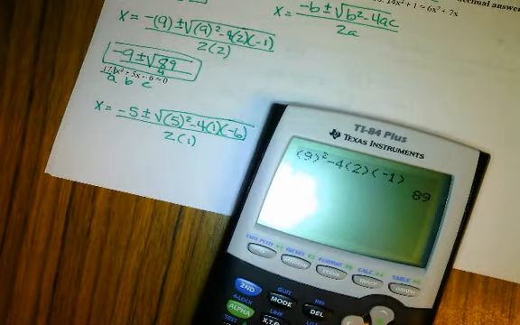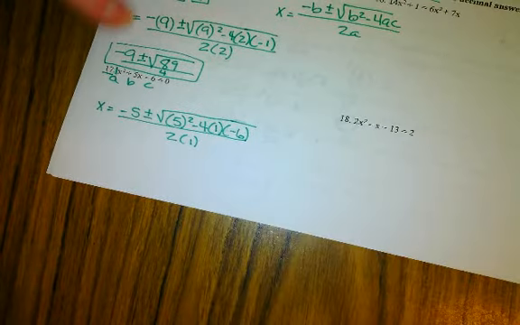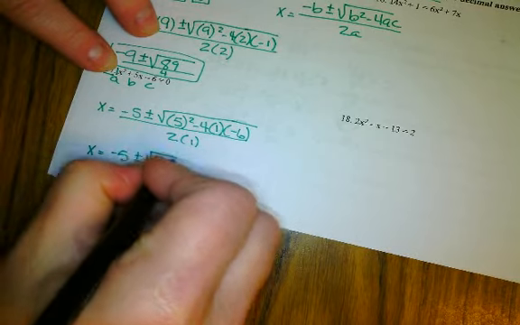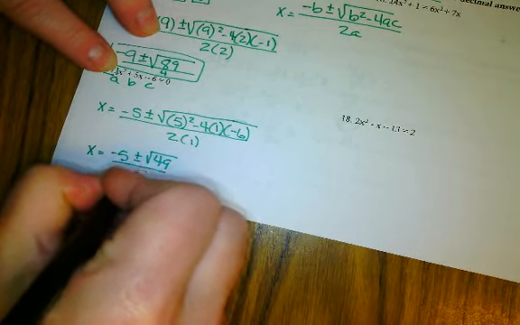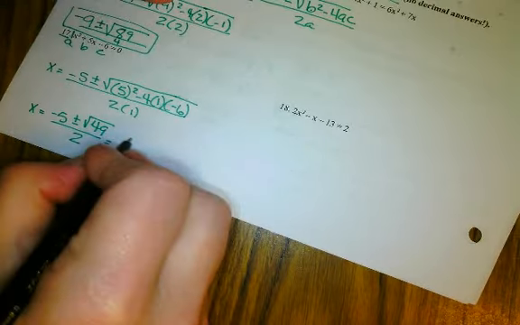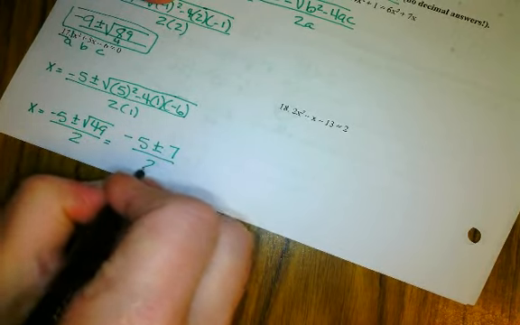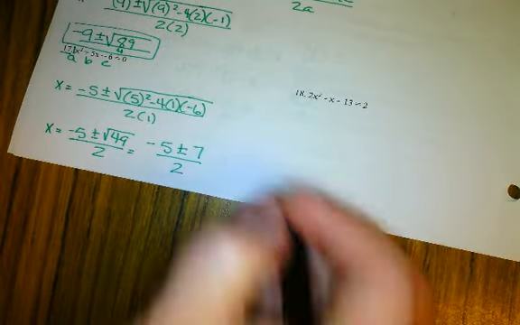Okay, so again, if I type all that in, I get 5 squared minus 4 times 1 times negative 6. I get 49. That's actually a perfect square. So I have x equals negative 5 plus or minus the square root of 49 divided by 2. Now if I keep going, I get negative 5 plus or minus 7 divided by 2, because again, 49 is a perfect square.